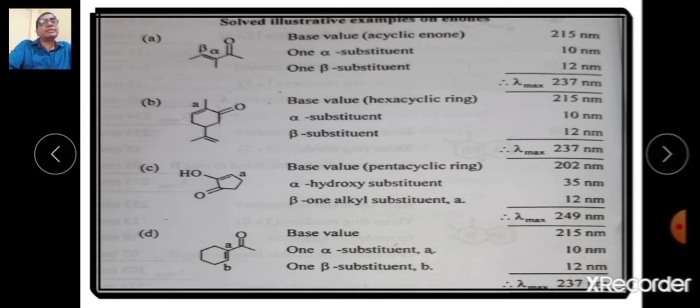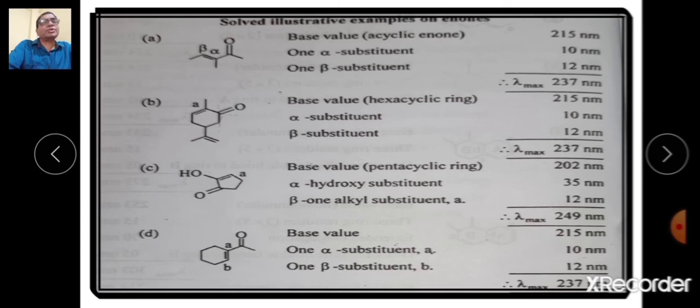In the second example, the system is hexacyclic. This is a hexacyclic system I am showing. Here on the alpha position there is a substitution, and on beta there is another substitution. The base value for a hexacyclic enone is again 215 nanometer.